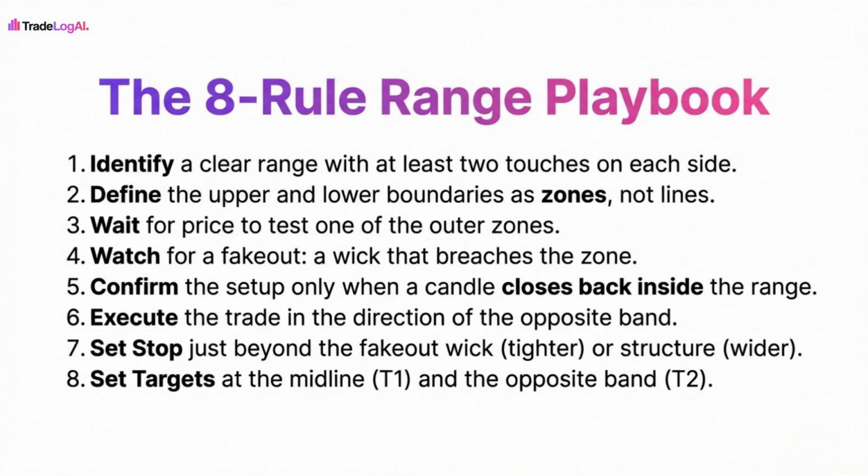Confirm only when a candle closes back inside the range. 6. Execute in the direction of the opposite band. 7. Place stops beyond the fakeout wick for tighter risk, or beyond structure for wider protection. 8. Target the midline first, then the opposite band.